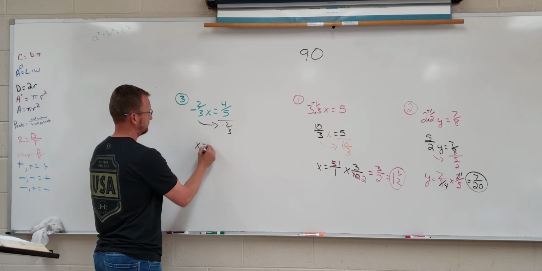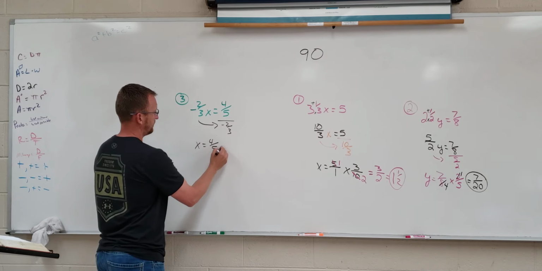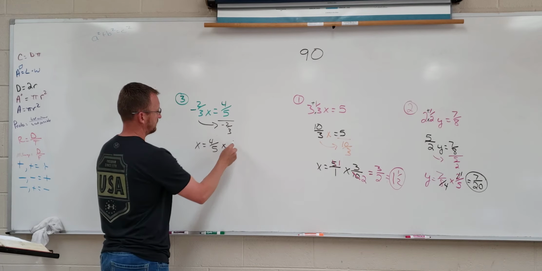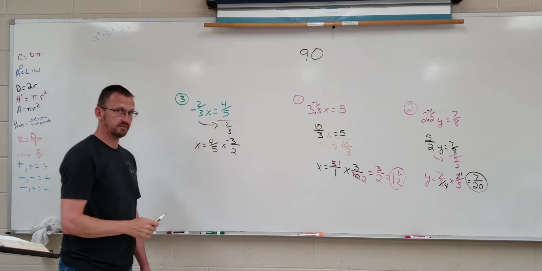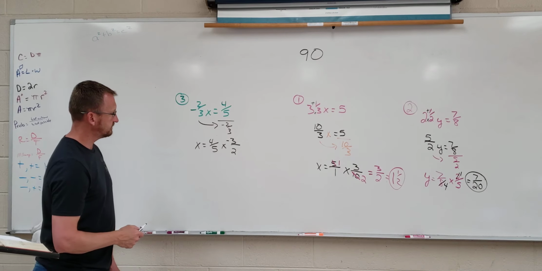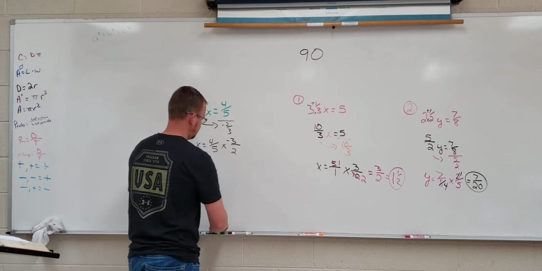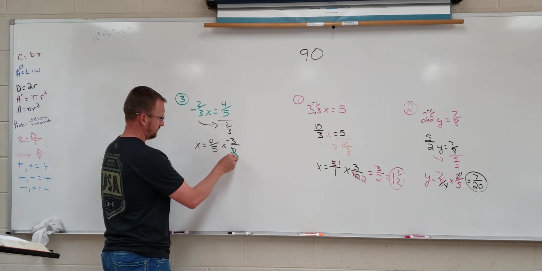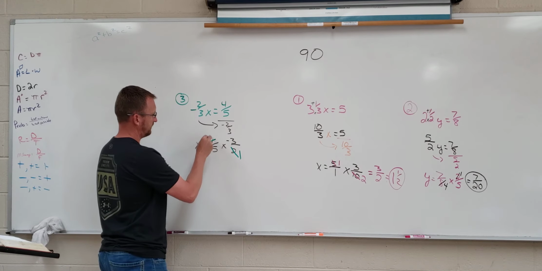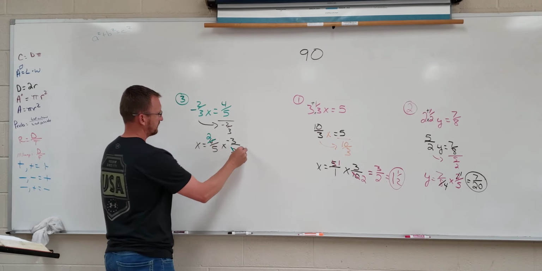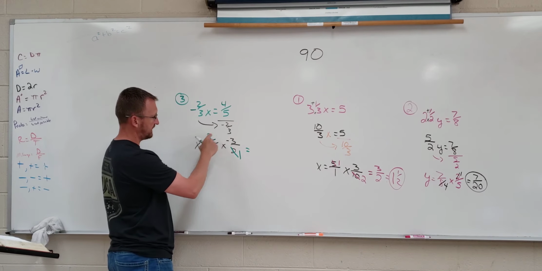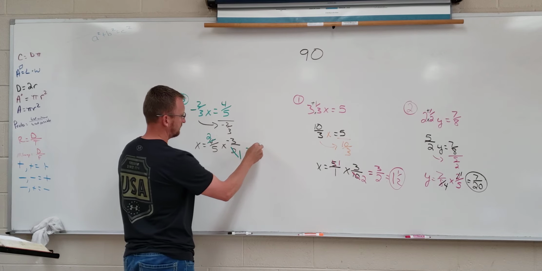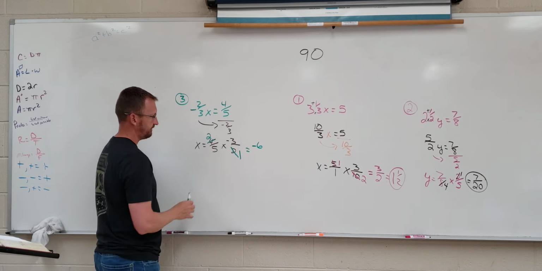Dividing by a fraction means we invert it. So we now have 3/2, still a negative. Simplify. 2 goes into 2 once, into 4 twice. 2 times a negative 3. So positive times a negative, negative 6.